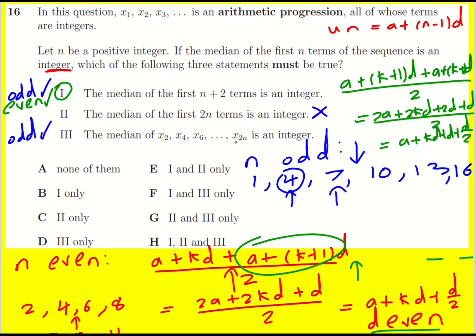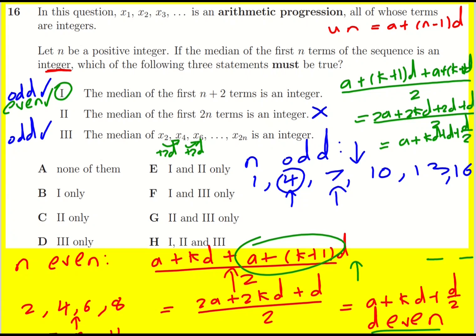Okay, what about the median of this one when I'm taking every other one? Now we know that the common difference is d for the original sequence, so now it's going to be 2d. So essentially, I've still got a bunch of integers. I'm going to have an even or an odd number of them.